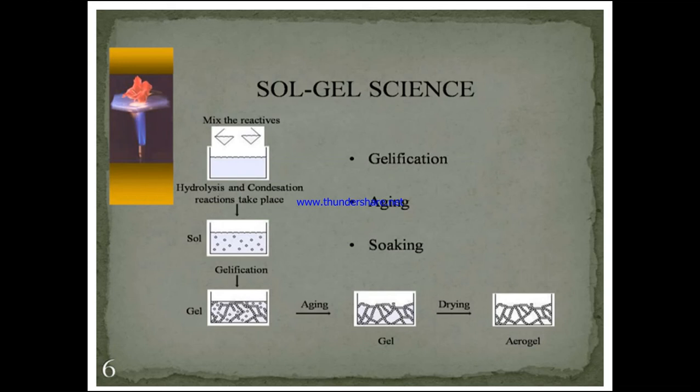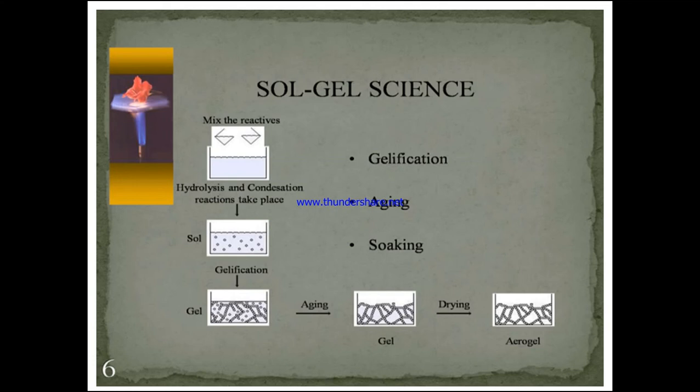Calcination is the extraction of the nanomaterial from the gel, so that the alcohol content will be eliminated. To eliminate this alcohol content and to extract the nanoparticles, we prefer the calcination technique. Calcination is the process of heating the gel in the presence of oxygen at a high temperature of around 600 to 800 degrees Celsius.